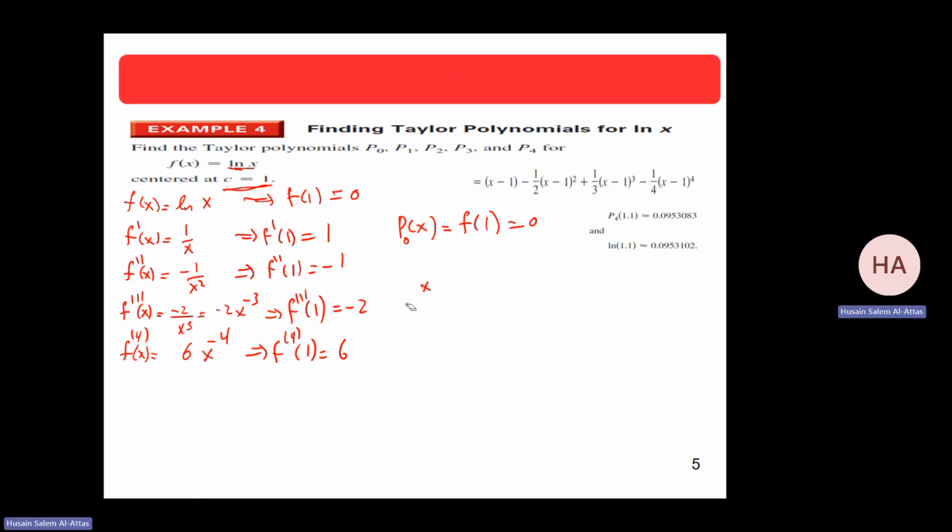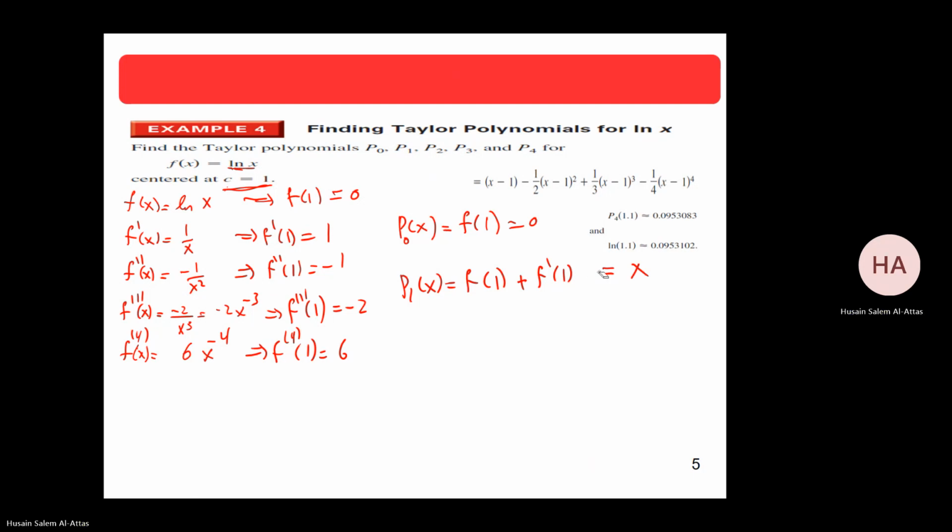P1 of x will be f of 1 plus f prime at 1 times x. And that will be, this is 0. That will be x.